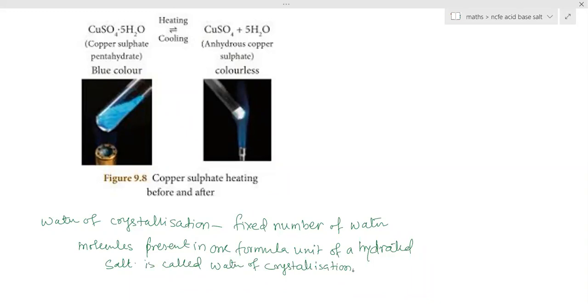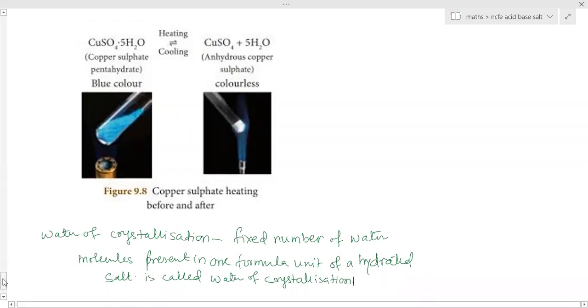Yes, the next line, write down the reaction: copper sulfate dot 5H2O when heated gives out copper sulfate plus 5H2O. When we heat the blue copper sulfate, it forms colorless copper sulfate, but in the NCERT textbook they have used the word white, so we have to write white.